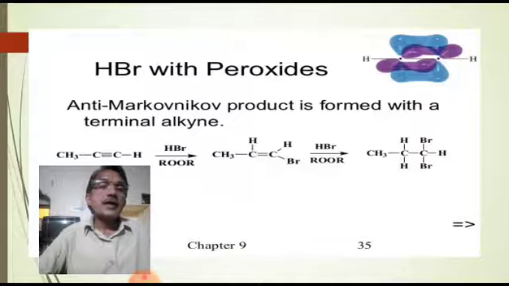This propyne reacts with HBr in the presence of peroxide and gives an unstable product, an alkene. This alkene further reacts with a molecule of HBr, giving rise to an alkane. Ultimately, we get 1,1-dibromopropane.